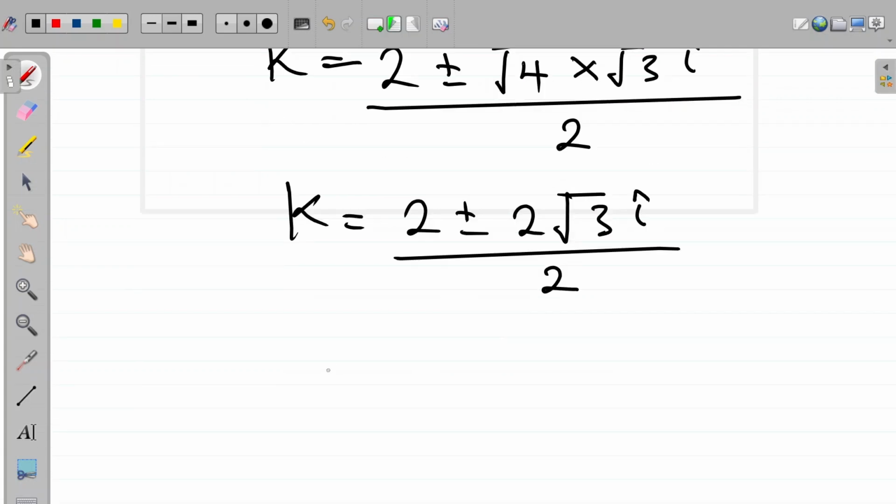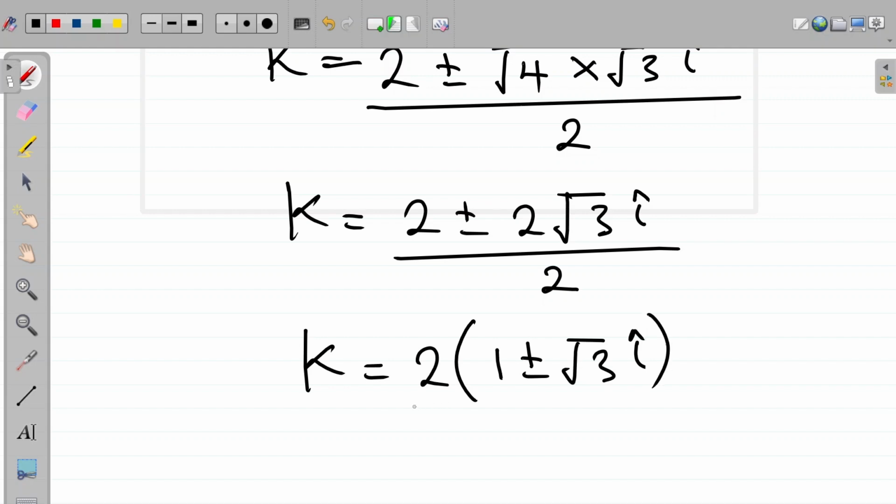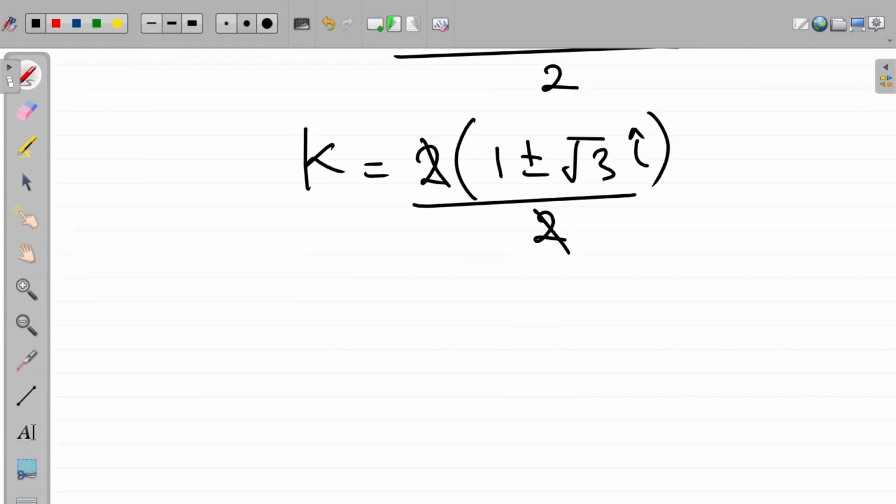So our equation becomes k equal to 2, open your bracket, 1 plus or minus root 3 i divided by 2. So 2 can cancel out 2. So the equation now reduces to k equal to 1 plus or minus root of 3 multiplied by i.